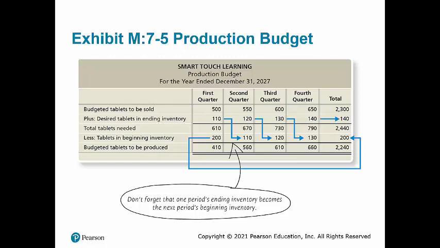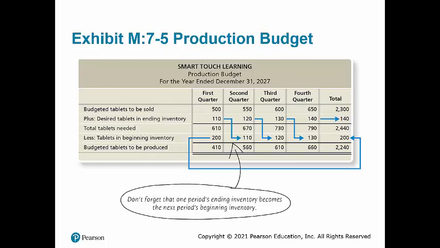Just take the desired ending inventory for the fourth quarter, 140, and we add that to the total tablets to be sold, and we get total tablets needed of 2,440. Now notice, for the beginning inventory, we go all the way back to the first quarter. The 200 tablets that were on hand at the beginning of the first quarter would be given to you in the problem, and we take that to the total column.